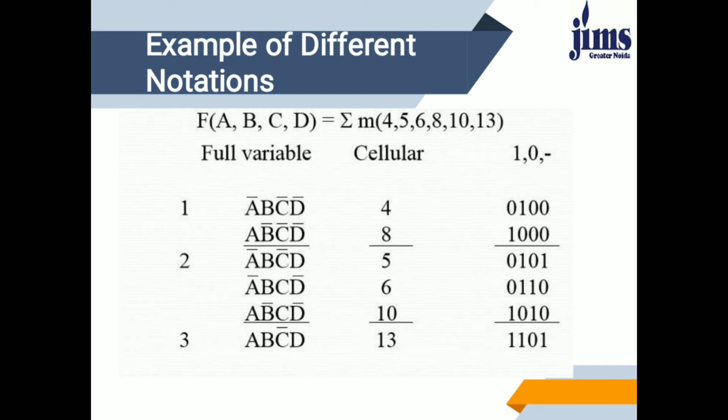See, in both terms, what is the difference? The difference is the number of ones. In 4, how many ones are there? 1. Whereas, to represent a 5, we write 0, 1, 0, 1, that means 2 ones are there.